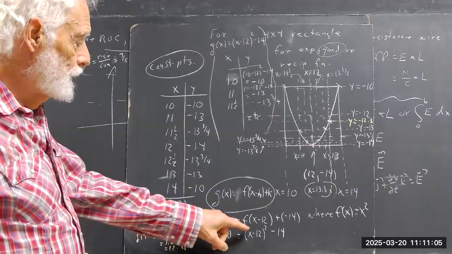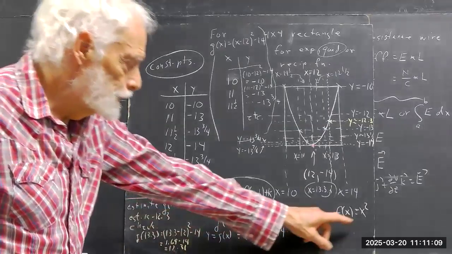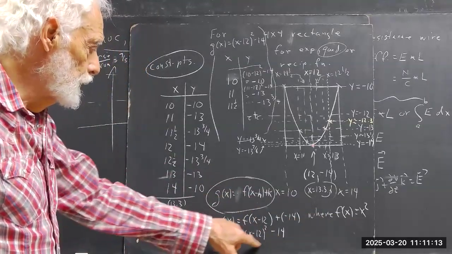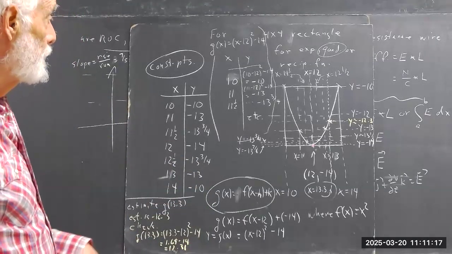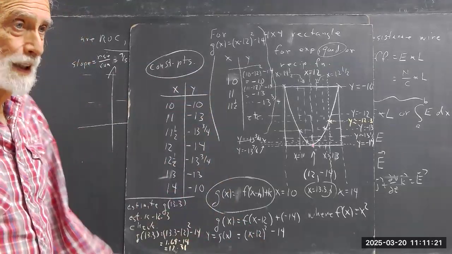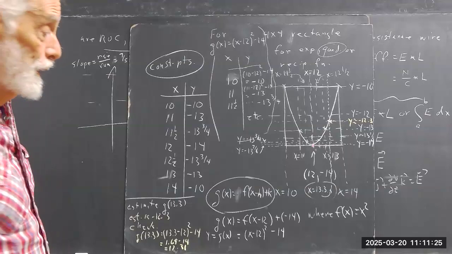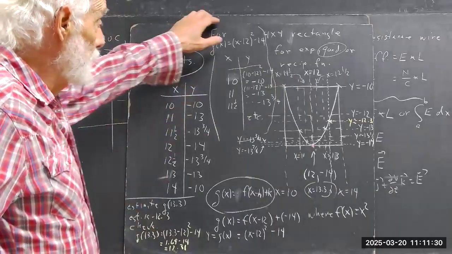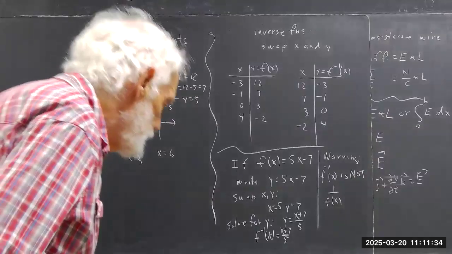Then g of x would be f of x minus 12 plus negative 14. F of x is x squared. So if you understand the function notation, you get the formula for g of x: x minus 12 squared minus 14. And then you make a table using this, calculating this. Then you also make some estimates and do other things with it, depending on which type of problem you got.